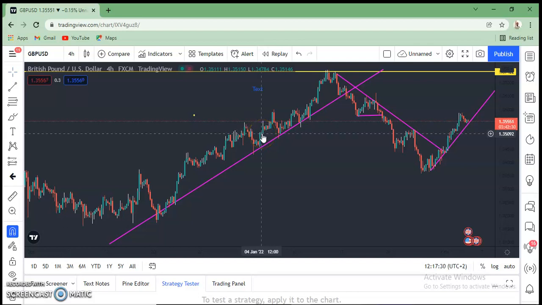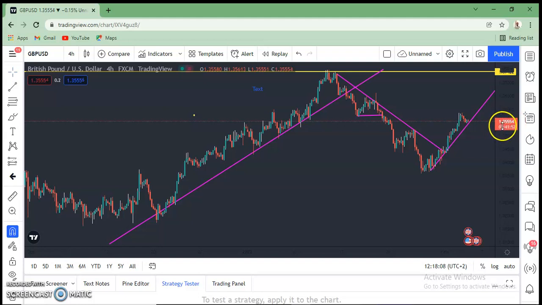A pip is just a hundredth of 1%, or it is just the fourth decimal after the decimal place. As you can see, this market is currently on 1.35555.